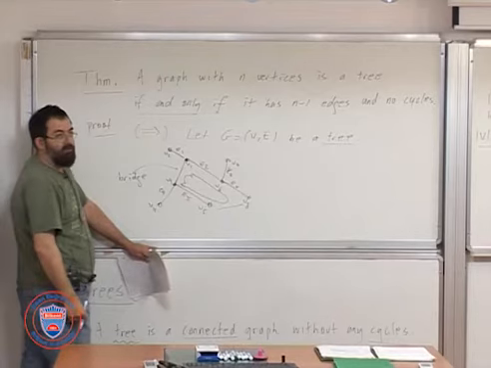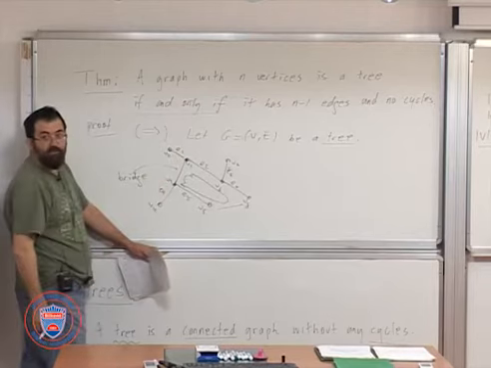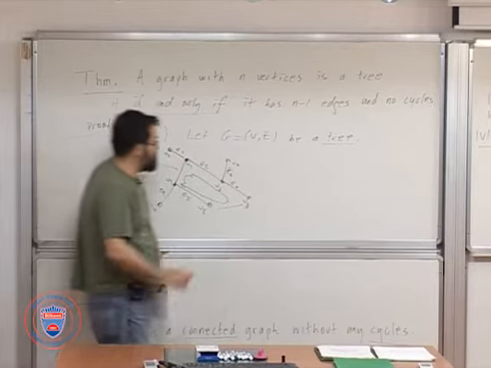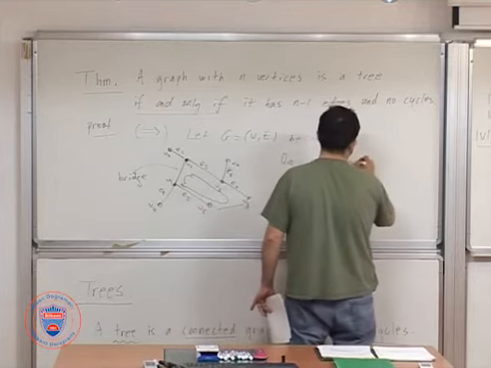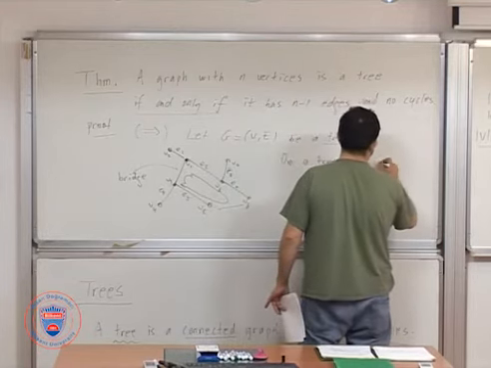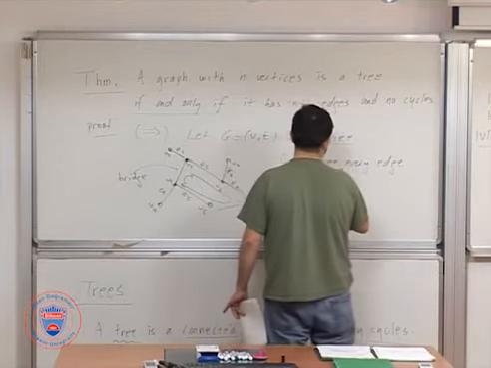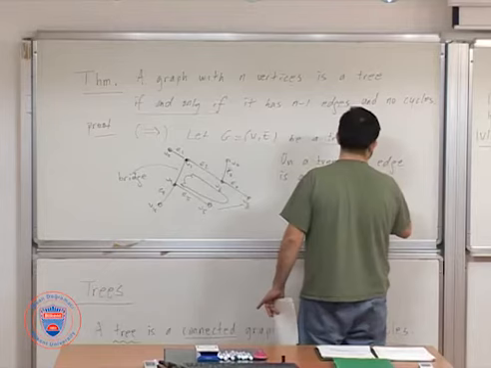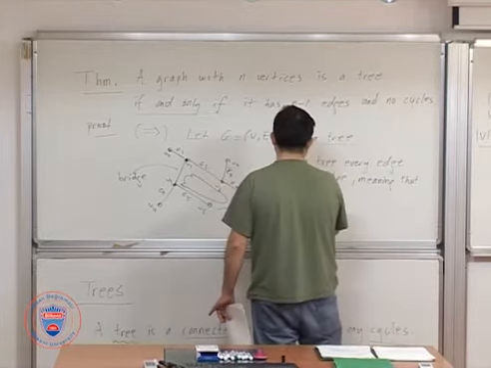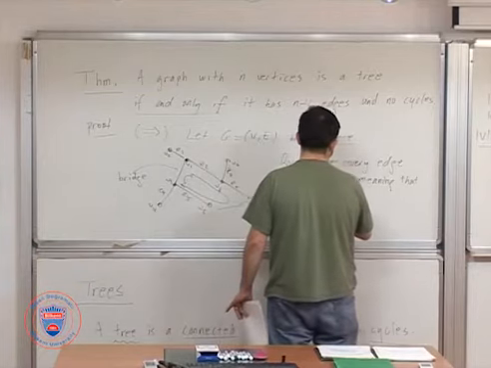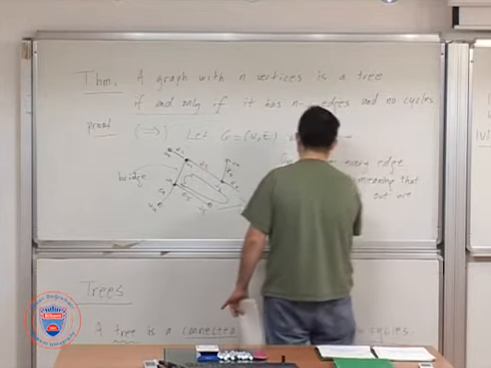Otherwise you wouldn't be connected when you take an edge out. Okay? On a tree, every edge is a bridge, meaning that once we take it out, we get a disconnected graph.